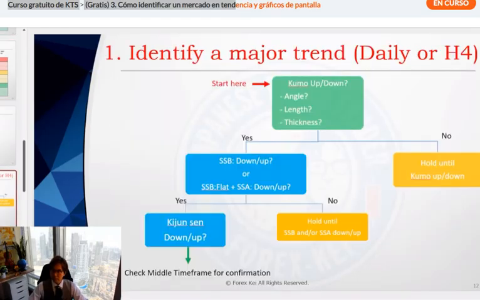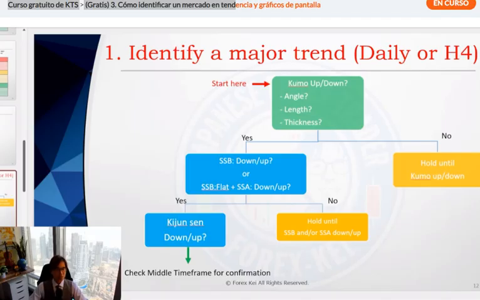Once you look at the Kumo, you check whether Senkou span B is up, or flat, or Senkou span A is up. In that example, Euro USD, Senkou span B was flat and Senkou span A was also flat, so you don't even go to Kijun Sen to take a look.